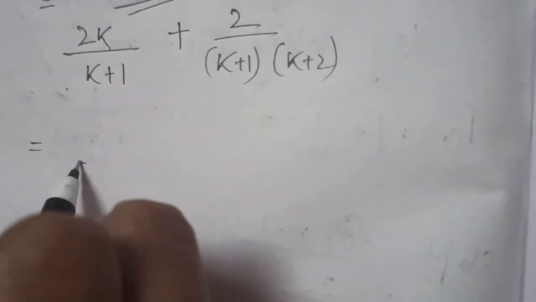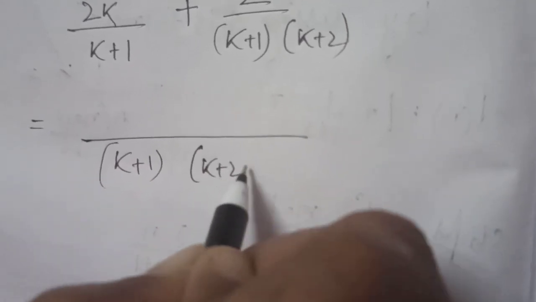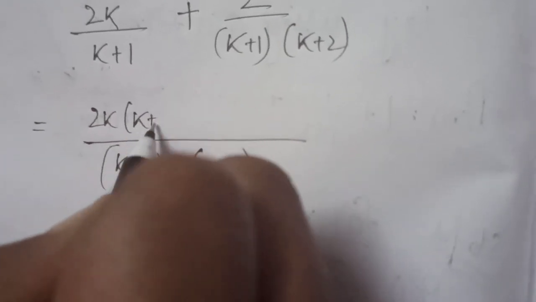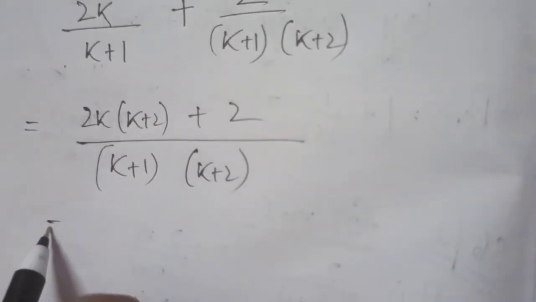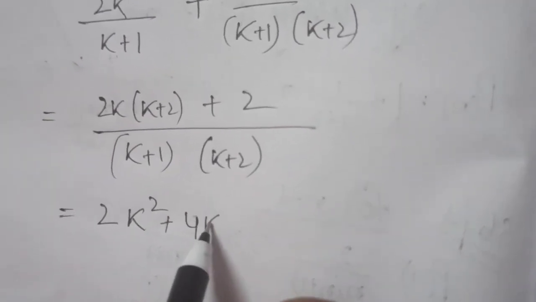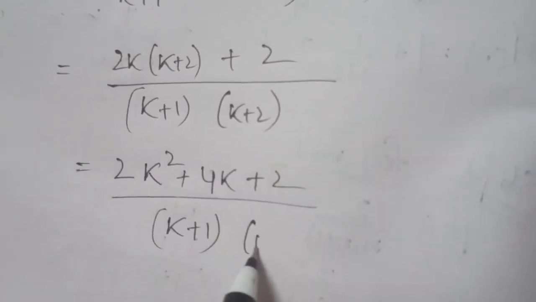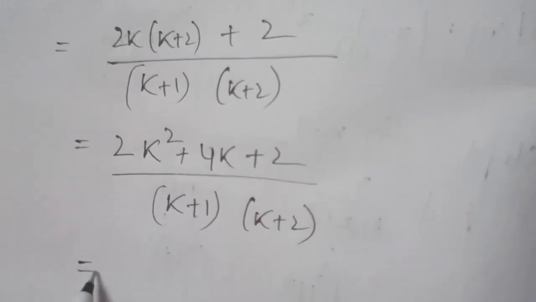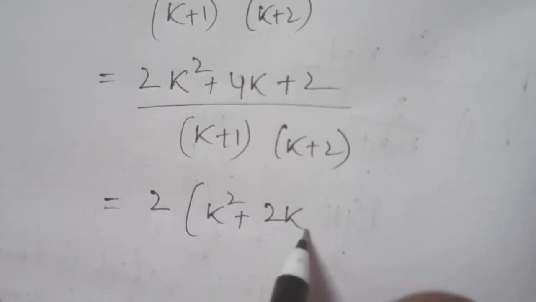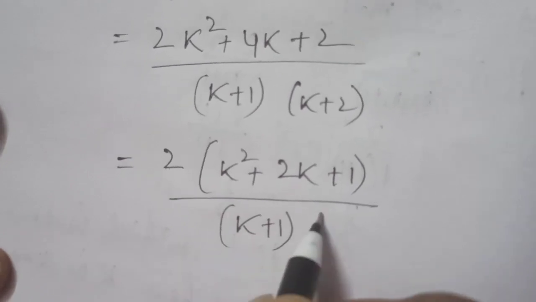which is equal to, by taking LCM k plus 1, k plus 2, k plus 1 cancel, 2k into k plus 2 plus 2, which is equal to 2k square plus 4k plus 2 by k plus 1 into k plus 2. By taking 2 common, k square plus 2k plus 1 by k plus 1 into k plus 2.